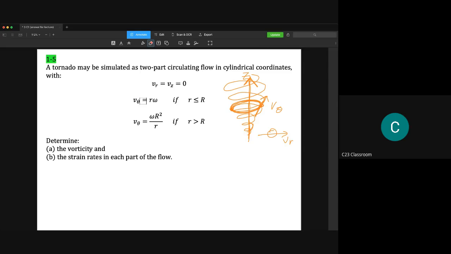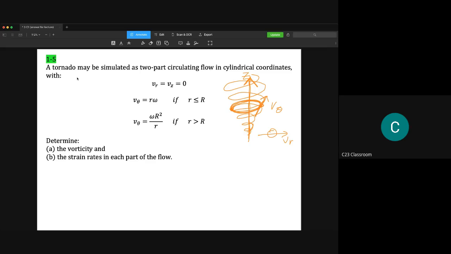And then in this note, it says that it can be simulated as two-part. Two-part means the V theta here can be calculated with two different equations, depending on the value of R. Why? Because normally in common engineering problems, we use only one equation, because the vortex is not too high.